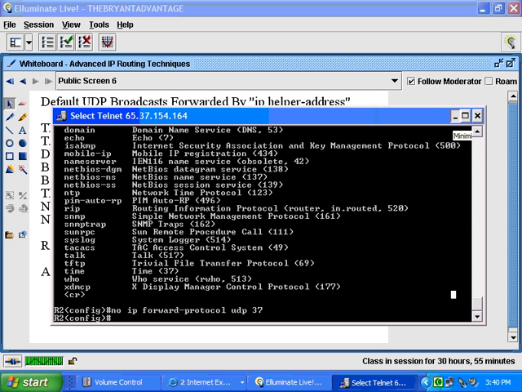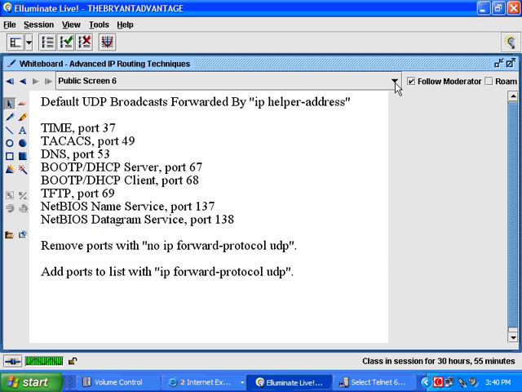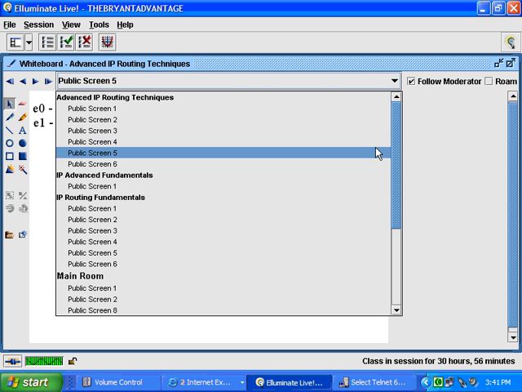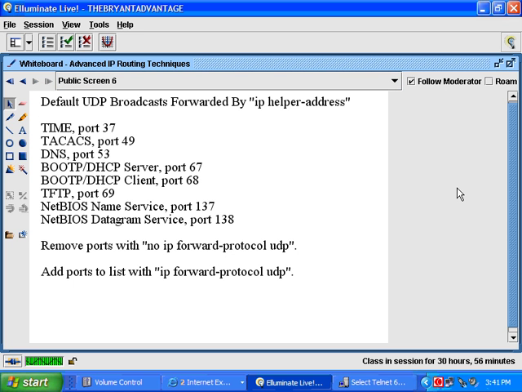So now you've seen how the IP helper address works to begin with. Let's just review a bit because it's a new concept for a lot of us. When a router receives the UDP broadcast, by default, of course, it'll be dropped. Then we can use the ip helper-address command to specify an address to unicast these broadcasts to, but by default, it's going to be all 8 of these broadcasts.